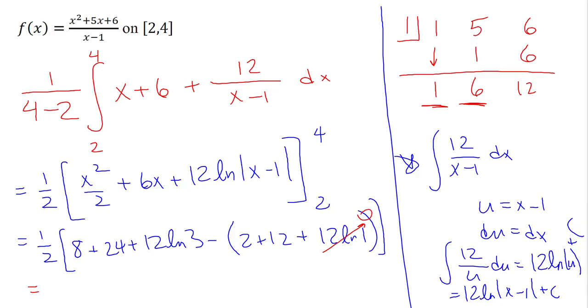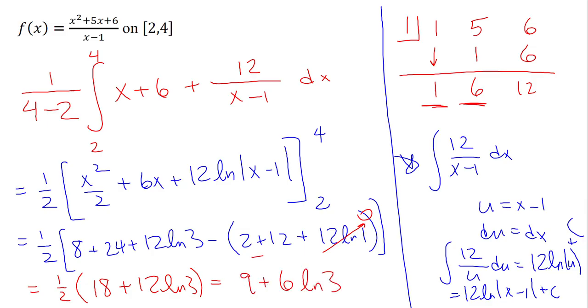So we end up with 1/2 of 8 plus 24 is 32, and then we're going to subtract 2, which is 30, and we're going to subtract another 12, which is 18, plus 12 ln 3, which just gives us 9 plus 6 natural log of 3 as our final answer there.